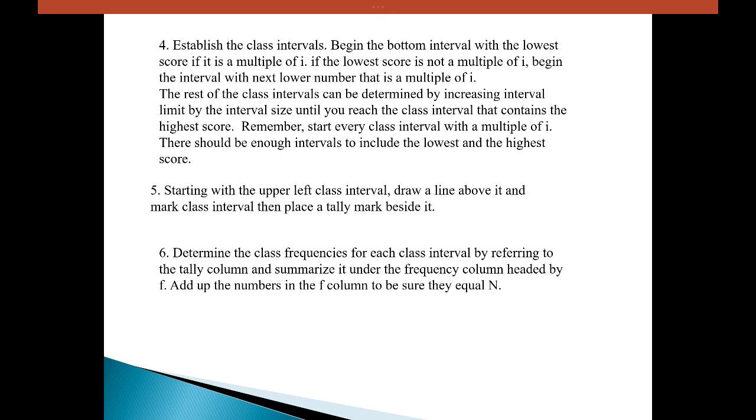Make sure that the total number of your frequencies is equal to the total number of observations in your raw data. They should be equal. They should not be less, they should not be over, they should be equal.